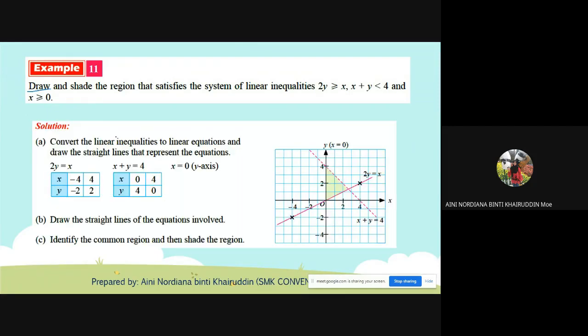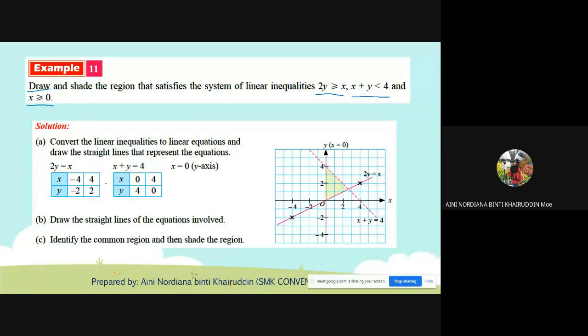So for example, 2y greater than or equals to x, x plus y less than 4 and x greater than or equals 0. So it means there are 3 straight lines you need to draw. You have already learned how to draw.